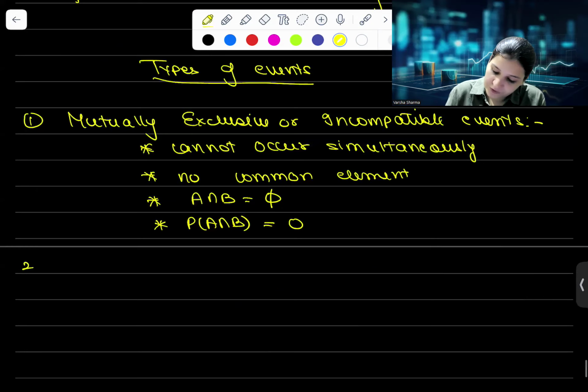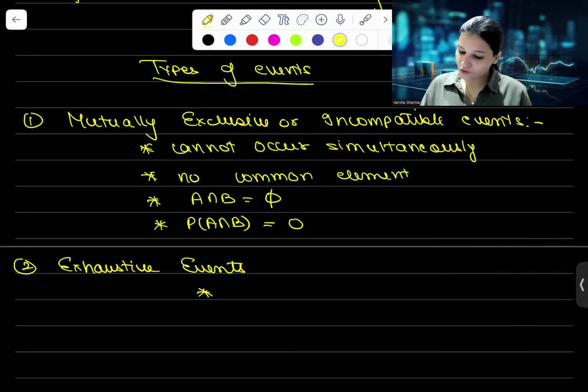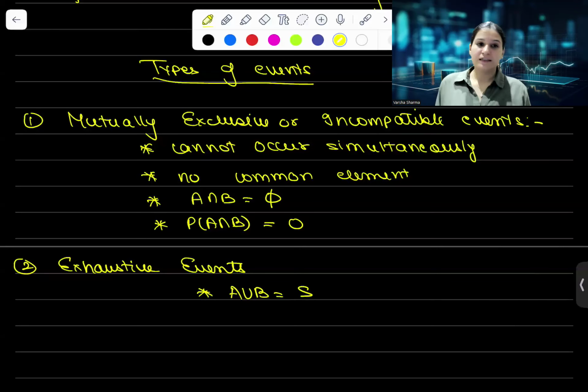Second, exhaustive events. When combined, they should give you the sample space. So A union B should be S. A union B should give you the sample space. That means the probability of A union B should be 1.